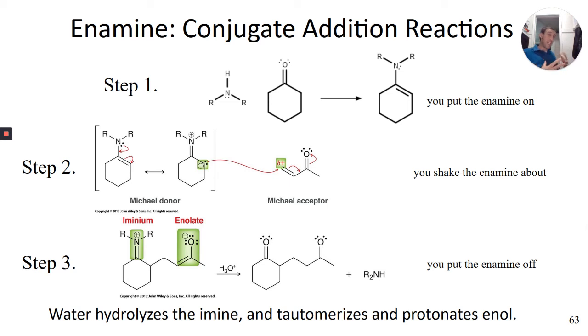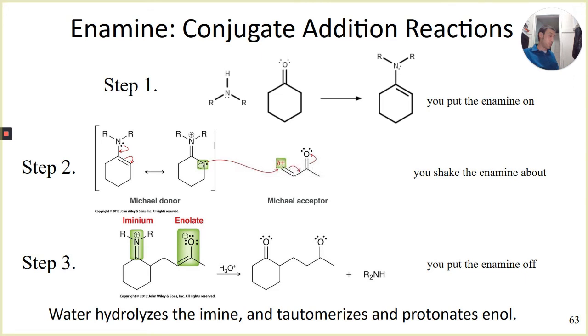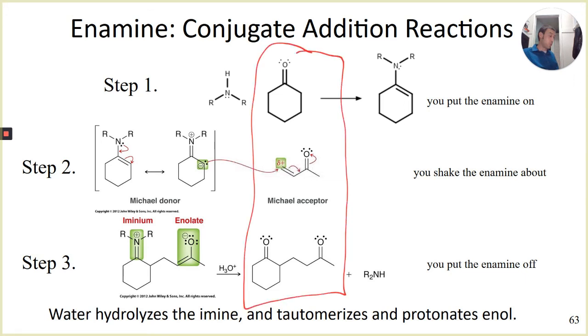Remember how we talked about protecting groups being a bit weird? The enamine is kind of a similar issue, because if we look, really what we're trying to do is this reaction right here. And theoretically, I could do that in 1 step, except the energetics of that don't give me a very high yield.